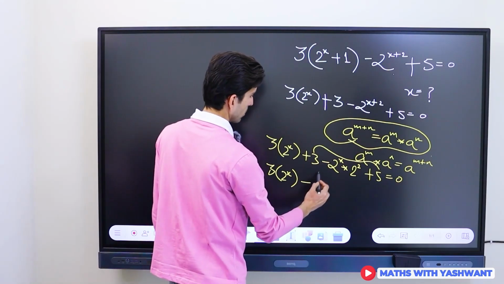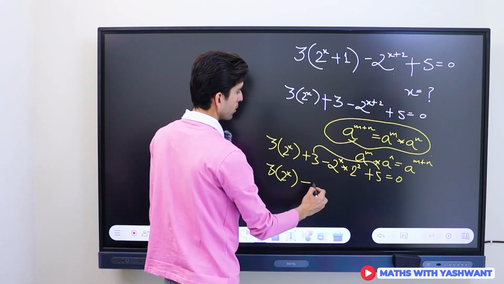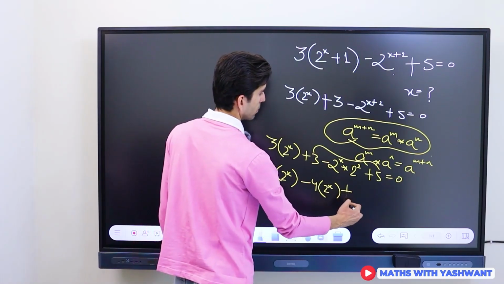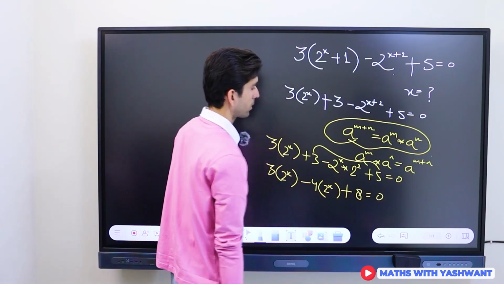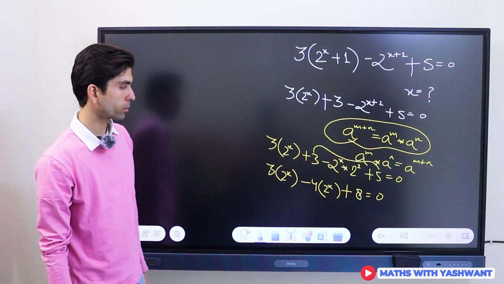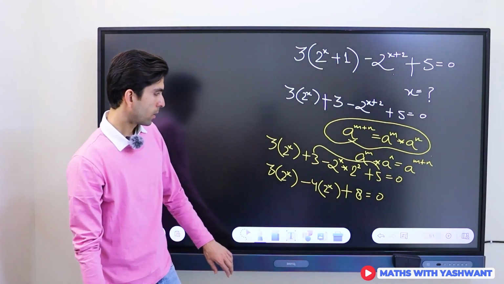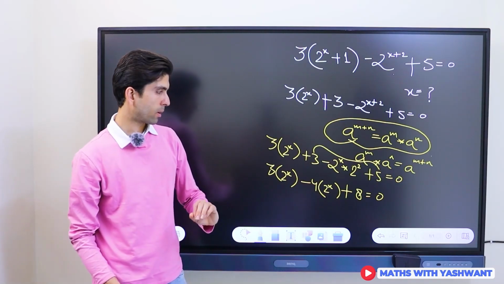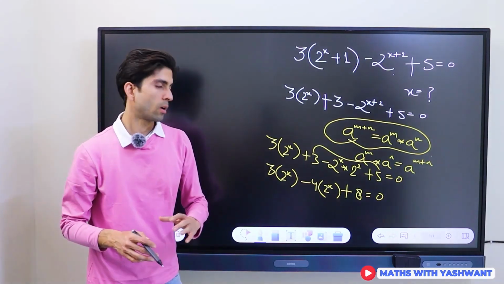So this is actually 4 into 2 to the power x, and this is your 5 plus 3 is 8, right? It's just a simplification process and nothing more than that. And now you see 3 into 2 to the power x and minus 4 into 2 to the power x plus 8 is equal to 0.